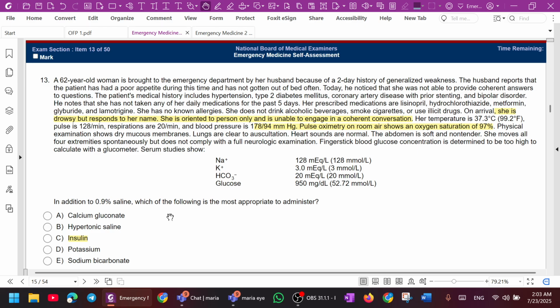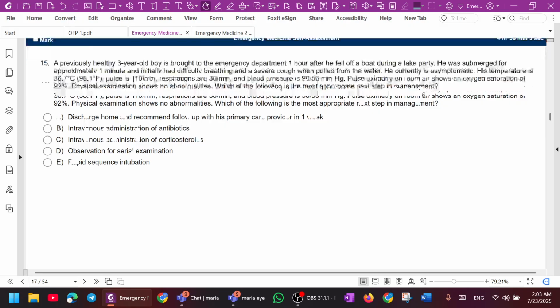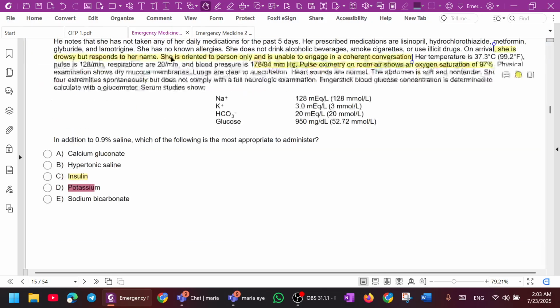The potassium should be given in conjunction with saline in this patient with HHS and hypokalemia. HHS is a consequence of profound hyperglycemia and manifests with glucose concentration above 600, altered mental status, and hypovolemia in the absence of ketosis.